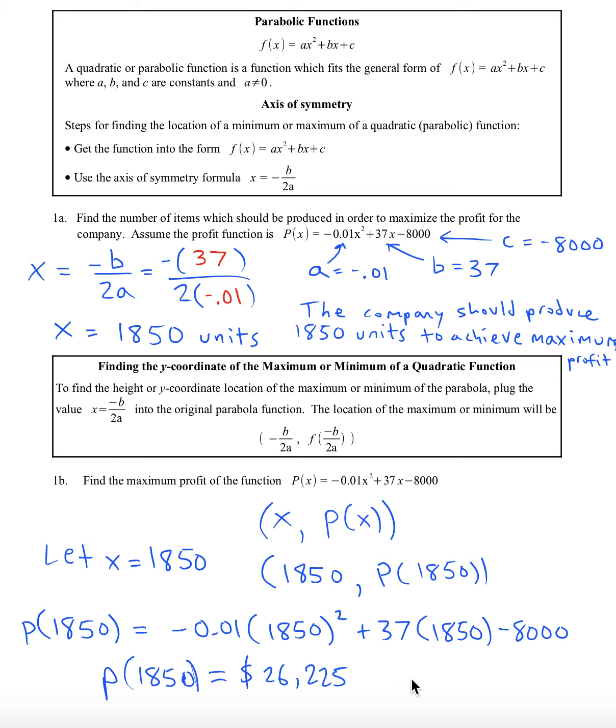The x-coordinate is 1850. We can put them together to find the vertex. The vertex is 1850, comma, 26,225. All right, let's find that point on the graph.